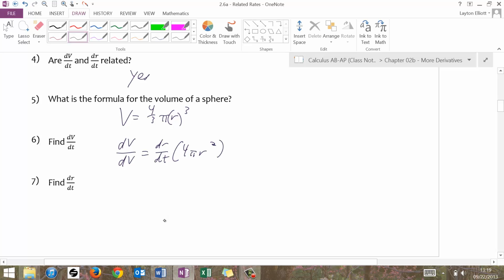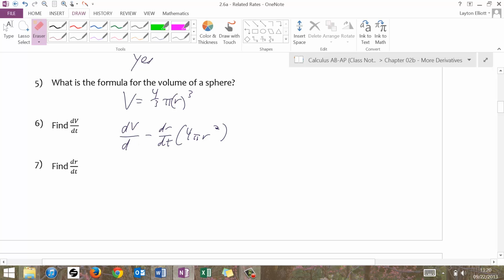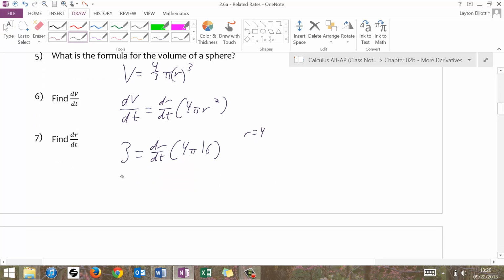Then I can find dr/dt by plugging in 3 for dV/dt, equals 4 pi times dr/dt. The radius at the point we wanted was 4, according to the problem, so r squared is 16. And I get 3 over 64 pi centimeters per second is equal to dr/dt.